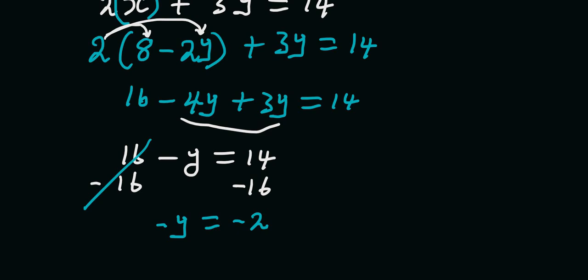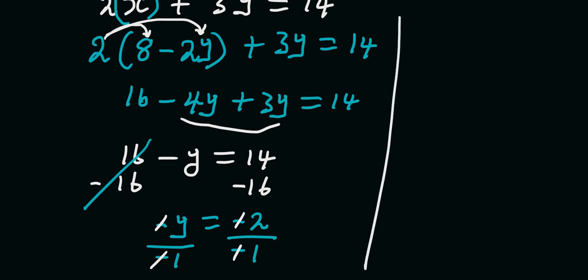So in order to eliminate it, we are going to divide both sides by negative 1. Now this negative cancels this negative. Therefore, y is equal to 2. Now we have found the value of y.